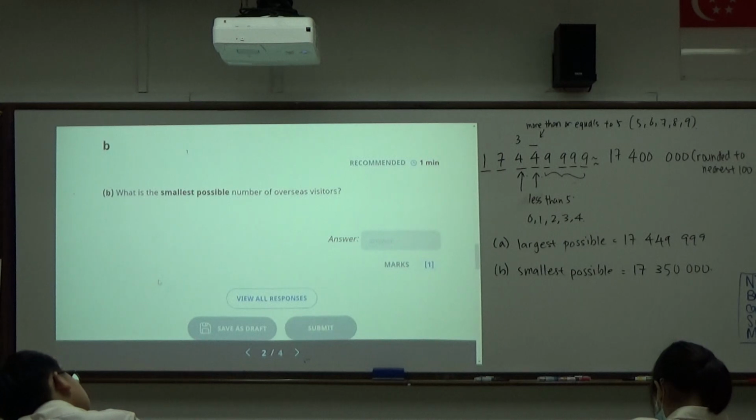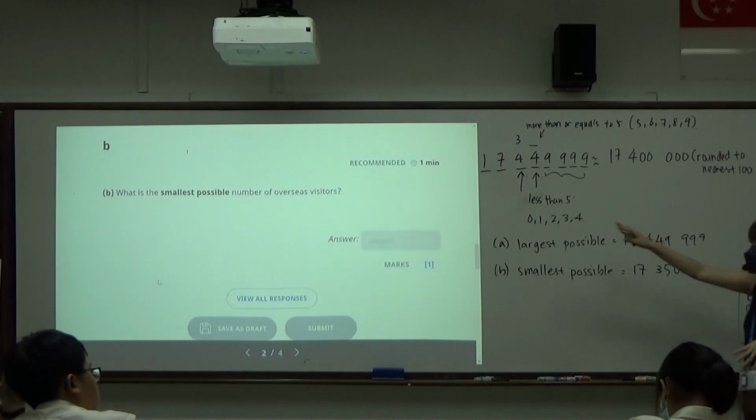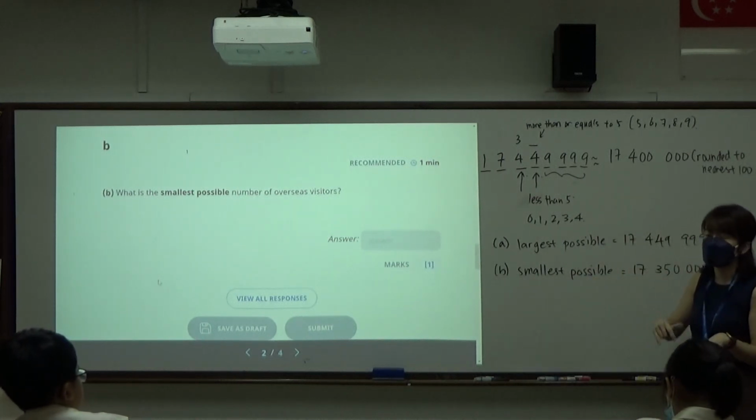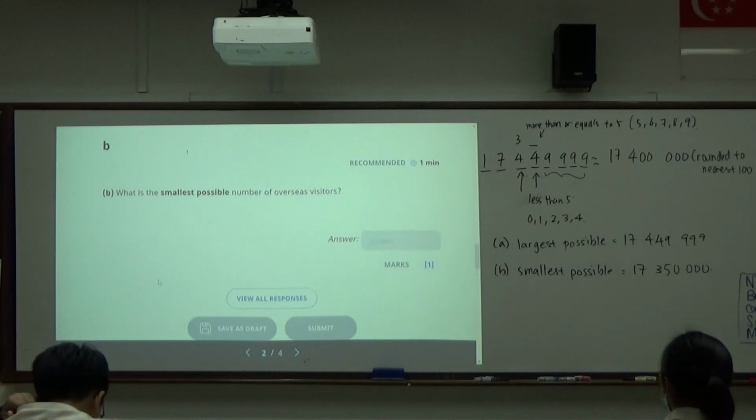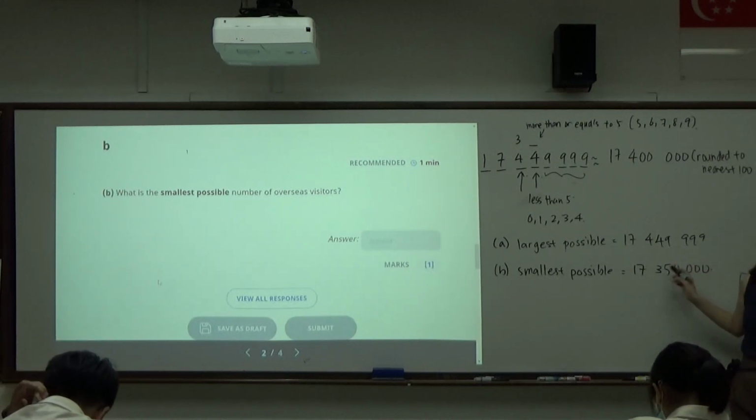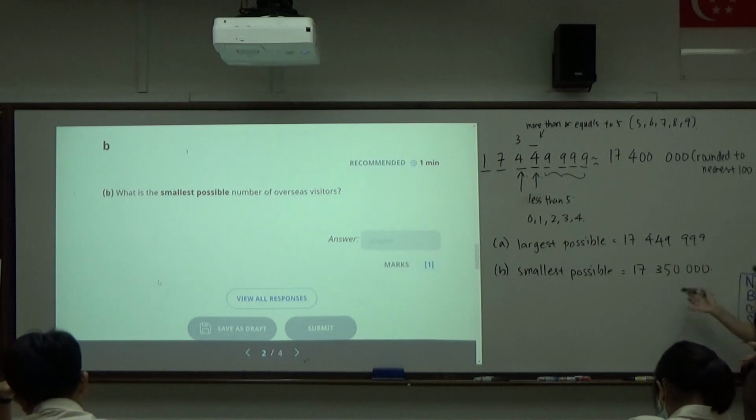Actually, for these two questions, no working is required, because it is purely dependent on how you choose the numbers. No working, just give me the answer.